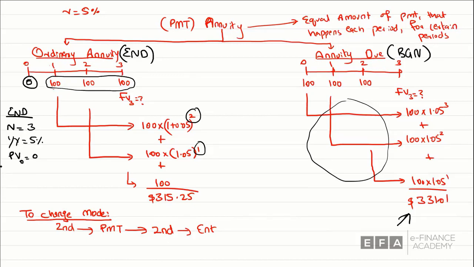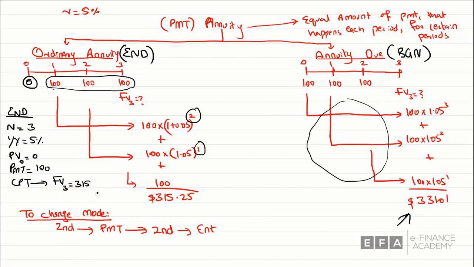All right. And what else can we do? We need to enter the PMT. How much is the annuity payment? That's 100. And all you should do is press compute future value, and you should get 315.